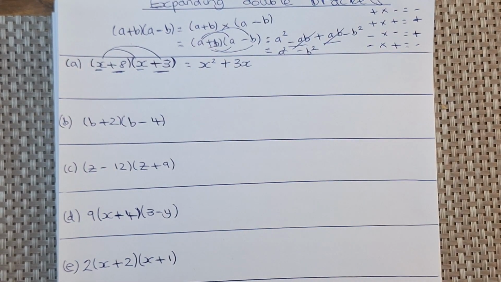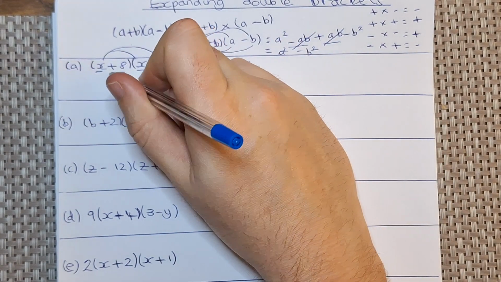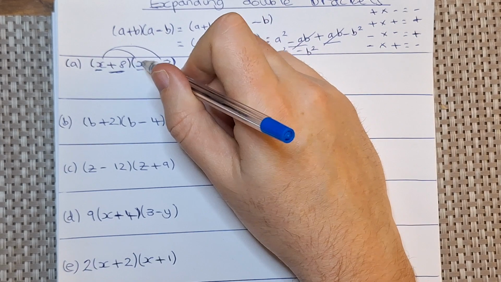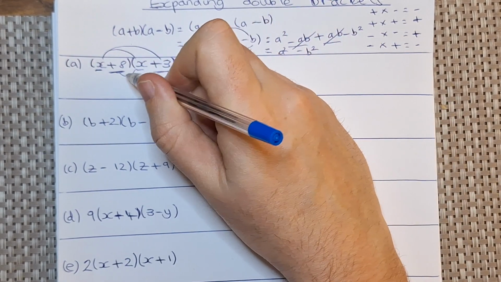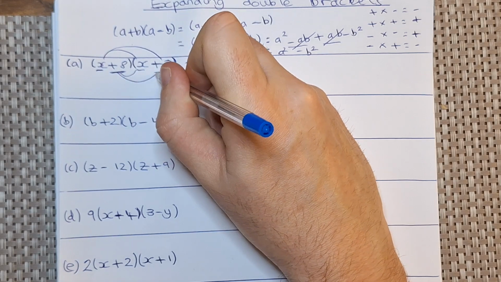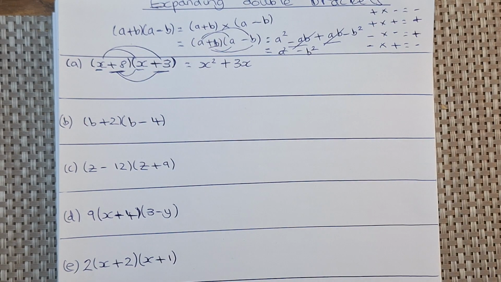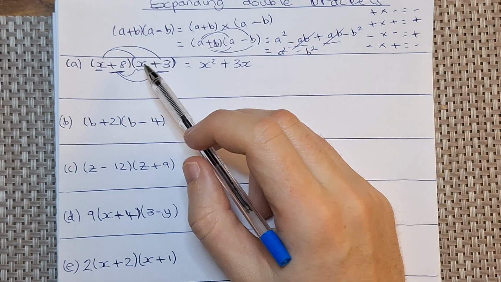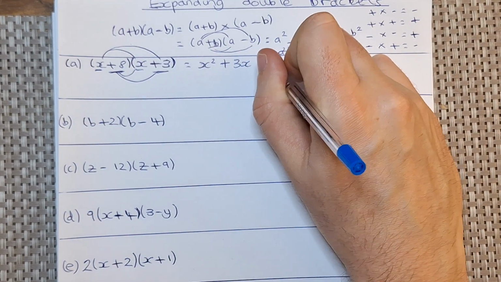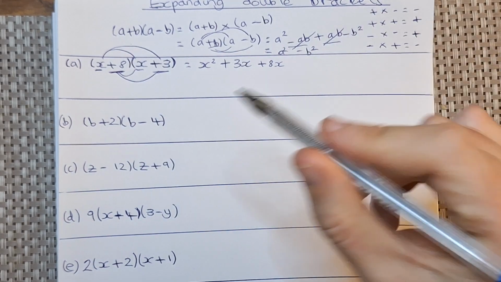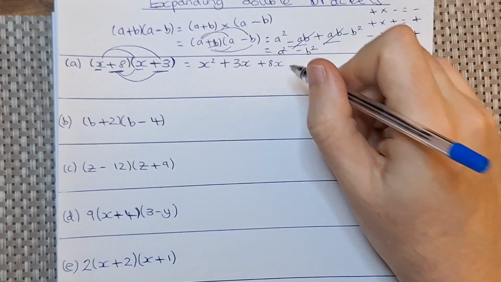Now we're going to do this term here, multiply this by both terms in that bracket here. So we're going to do that times that, and that times that. So 8 times x is positive 8x, and we've got 8 times 3, positive 24.